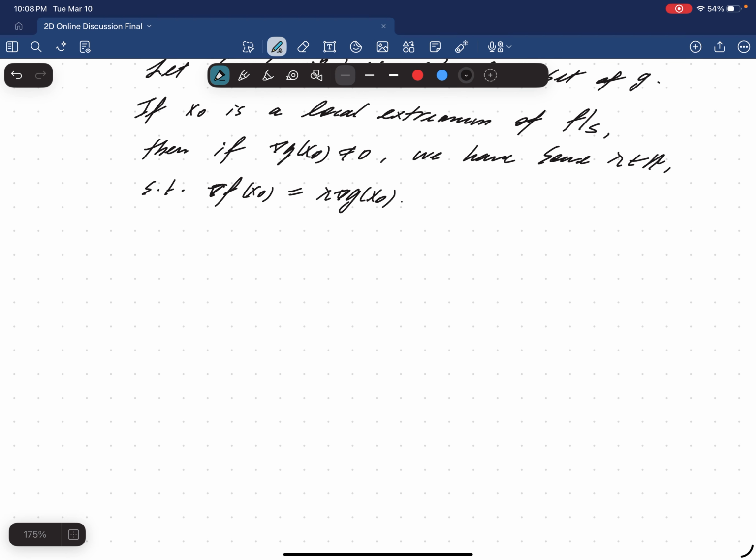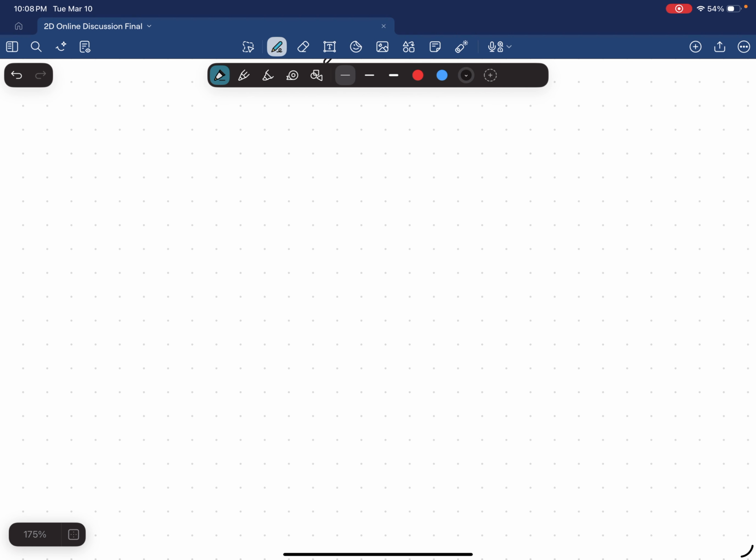So let's see how we can use this to solve problems. So consider f of x, y, equals f of x1 to xn, y1 to yn, where x and y live in Rn, to be x dot y, the dot product.